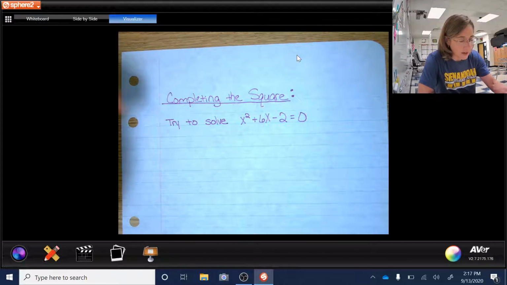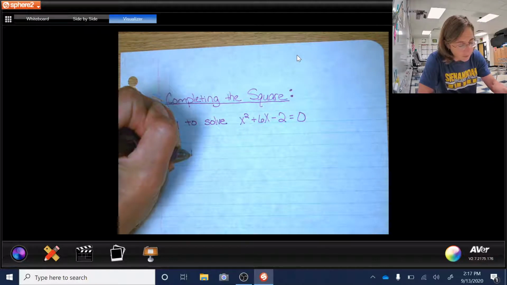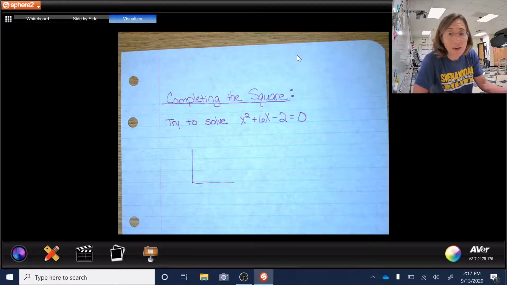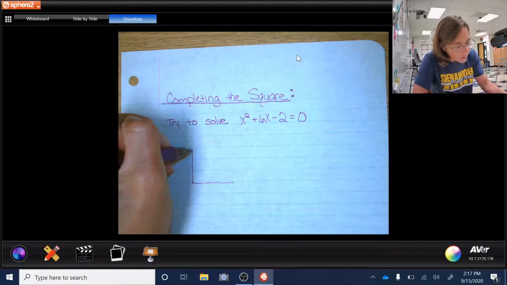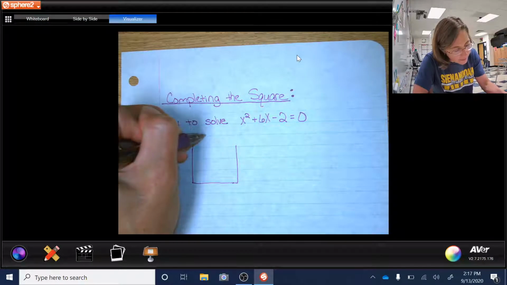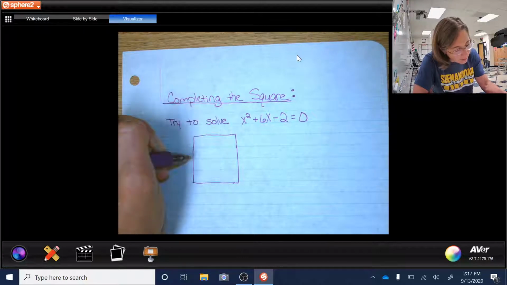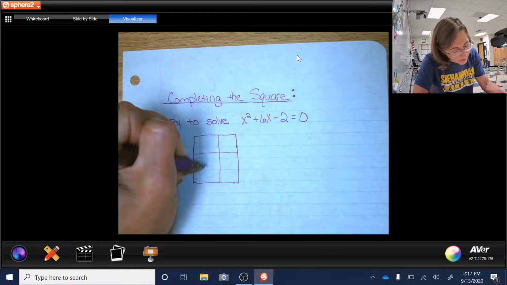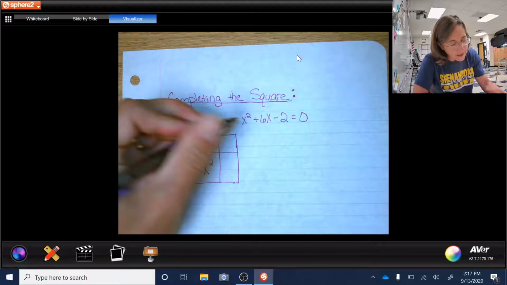Remember when we drew an area model to show these? Well, instead of just drawing any old rectangle, I'm going to make sure that this is a square. So I have to have the same length and width here. I'm going to put my x squared inside here.